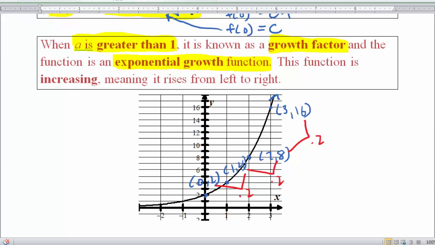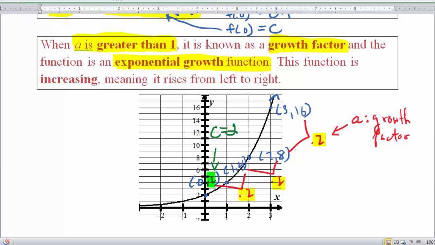So in this case, the 2, which is our constant factor, is actually going to be our a value, which is the growth factor.